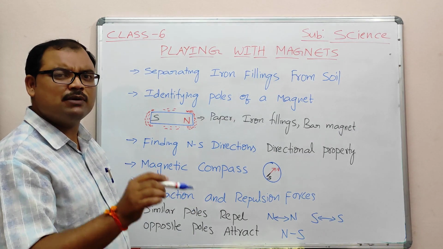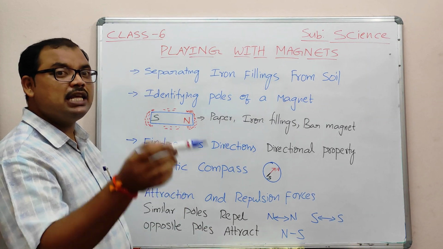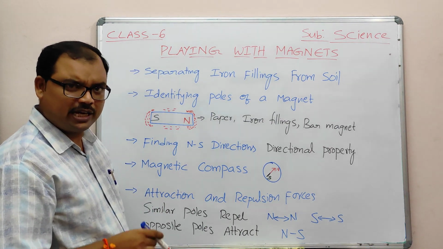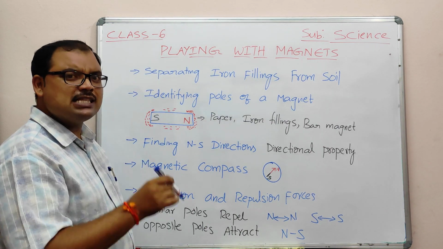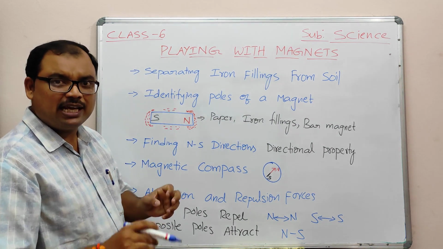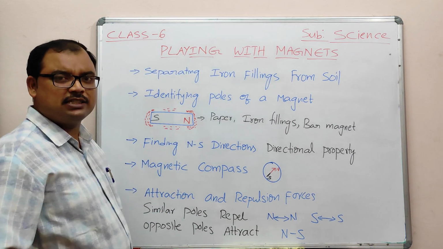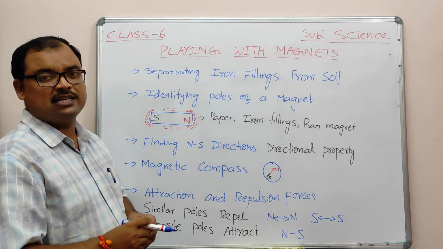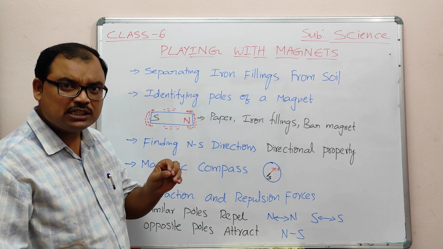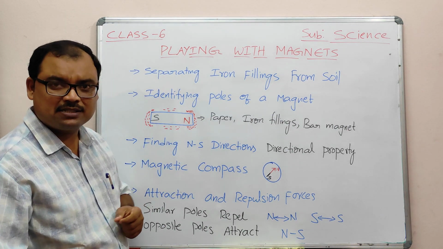There also we see some iron filings, but not as many as at the poles. So we can say that the power of attraction of a magnet is highest at its extremes, at its ends. When you come to the middle portion, the power of attraction is less than that at the ends.